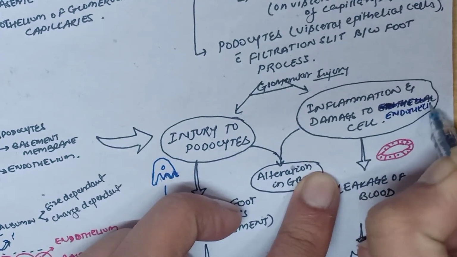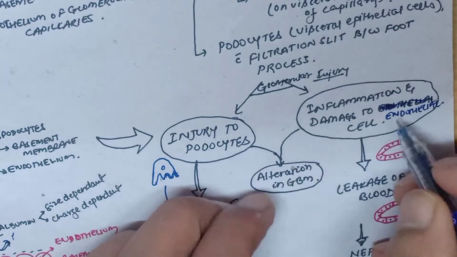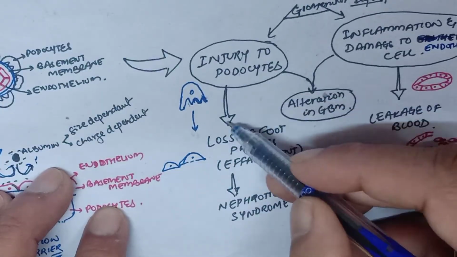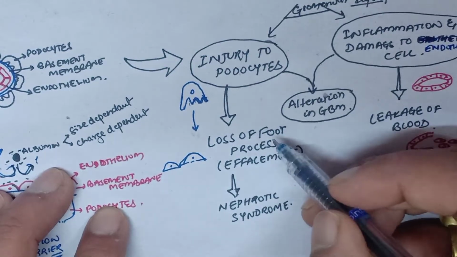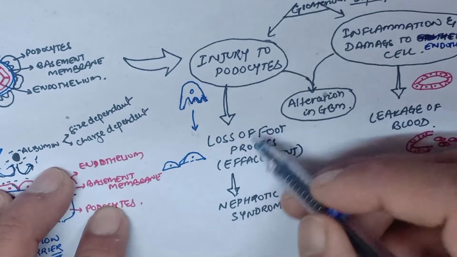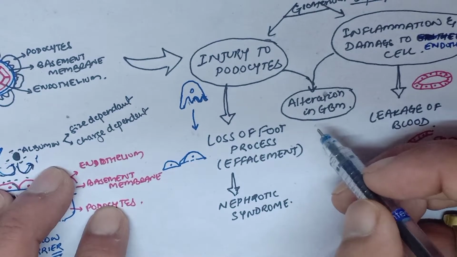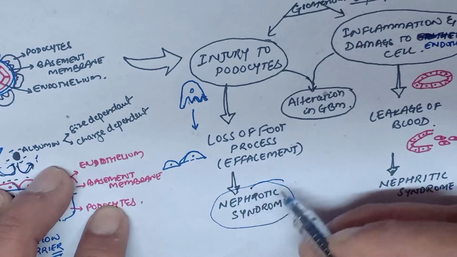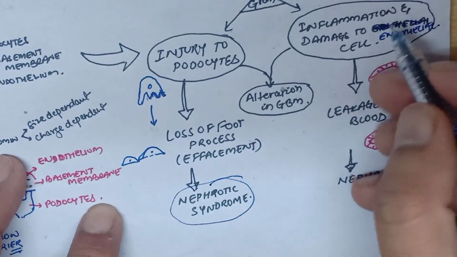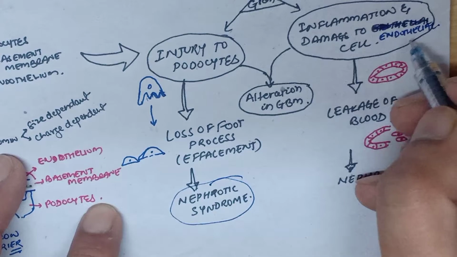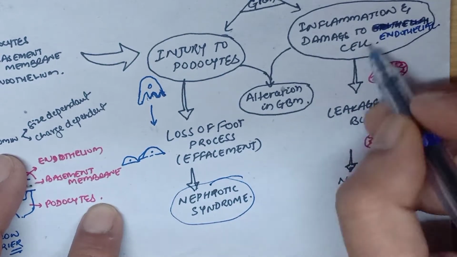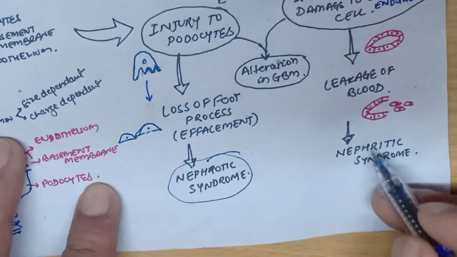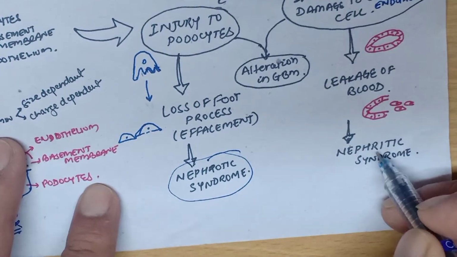If there is injury to the podocytes, it will cause effacement of the foot processes, and this will cause alteration in the glomerular basement membrane, which will result in nephrotic syndrome. Whereas inflammation and damage to the endothelial cells will cause leakage of blood through the capillaries, and this will result in nephritic syndrome.